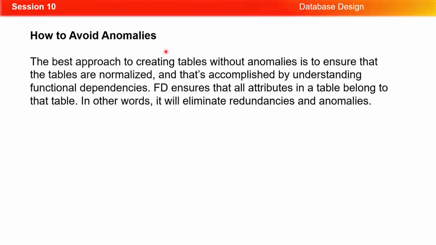A great way of dealing with anomalies is to avoid anomalies, and the best approach is to create tables without anomalies and ensure that we use a process called normalization. This is accomplished by understanding functional dependencies. It's almost like breaking our entities down into their simplest forms and validating the relationships.